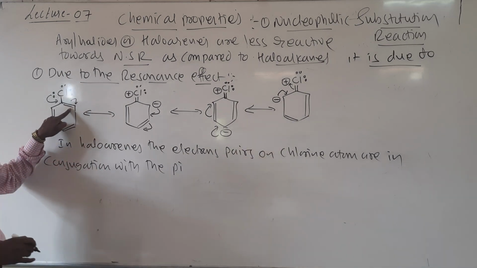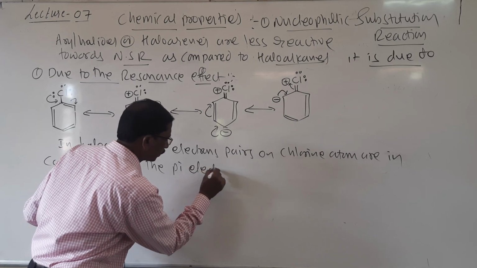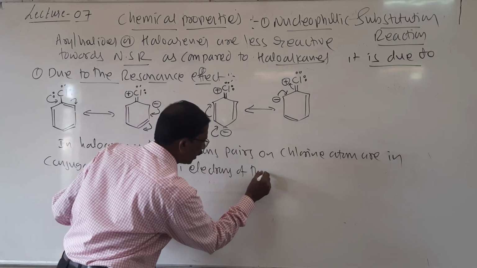This double bond is pi electrons of the benzene ring.